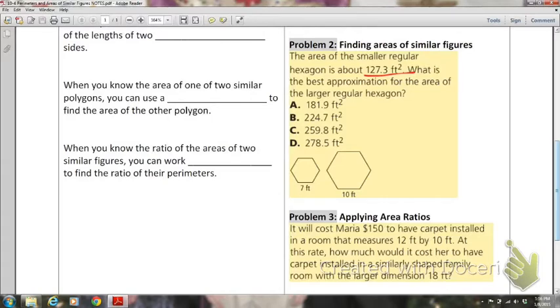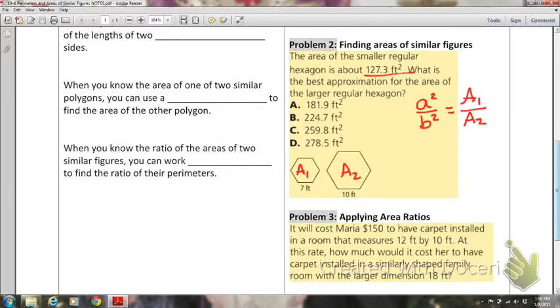We know that the ratio of the areas is A squared over B squared. And so A squared over B squared is going to be equal to, we'll set up a proportion. We'll call this one area 1 on the smaller one, and area 2 on the bigger one. So area 1 over area 2.